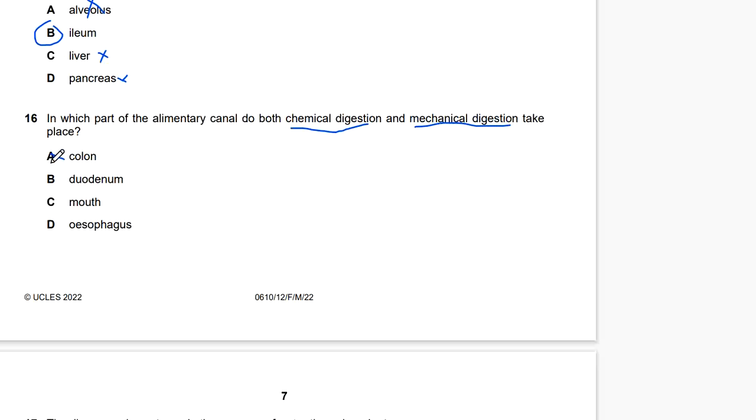Duodenum, no mechanical digestion, only chemical digestion. And the esophagus cannot also undergo mechanical digestion. So the correct answer is the mouth, where some enzymes act on the chewed food. So chemical digestion also takes place as well as mechanical digestion.